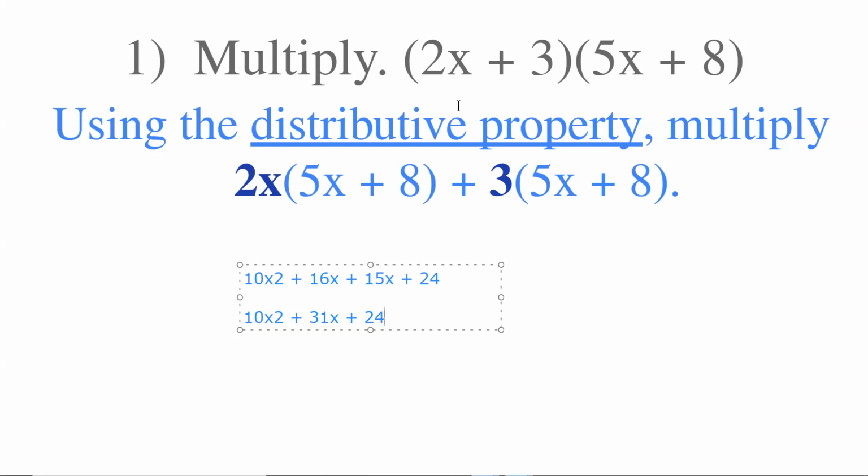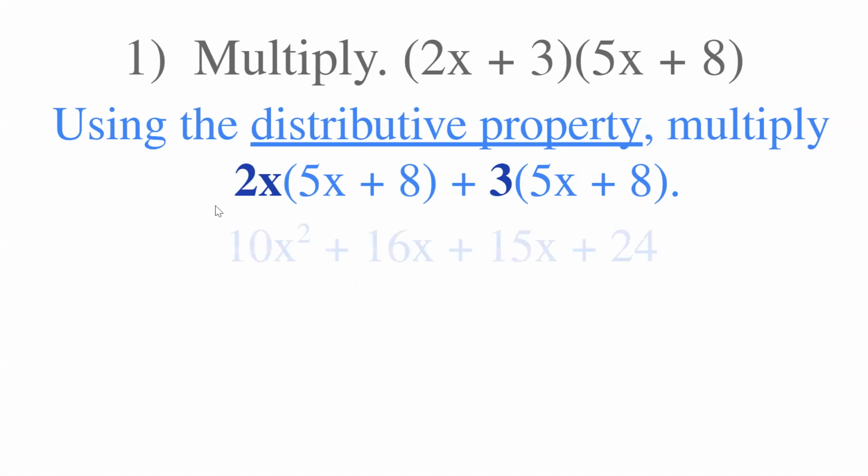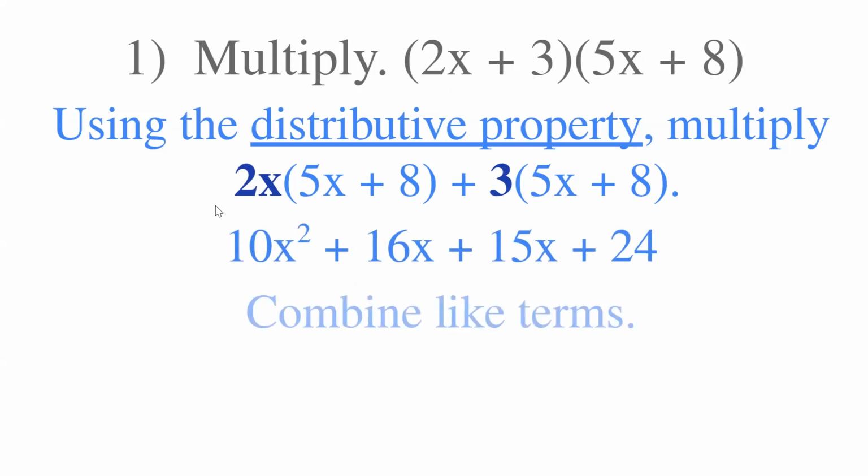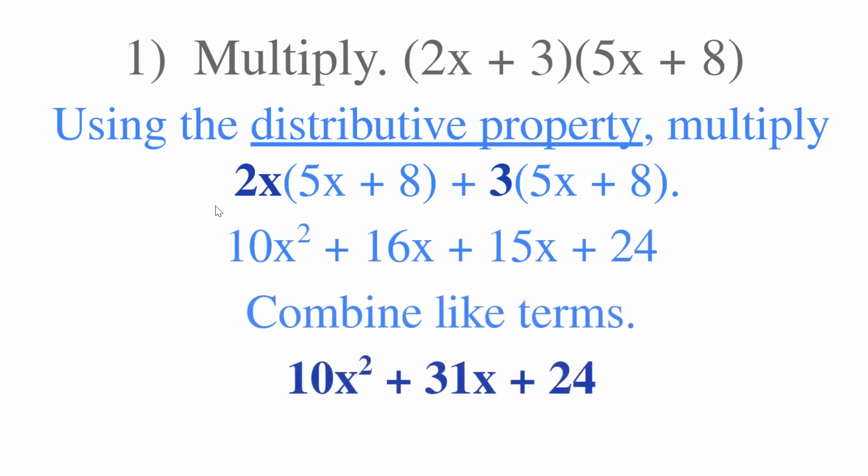You multiply everything in one parentheses up here, take the first term and multiply it by the next part, and then take the second term and multiply it by that, which is a pretty easy way to do it if you are really good with the distributive property and you do it in the correct manner. So that's one way we can do this kind of problem. So here you go, we got 10x squared, combine the like terms, and you come up with 10x squared plus 31x plus 24. Awesome.